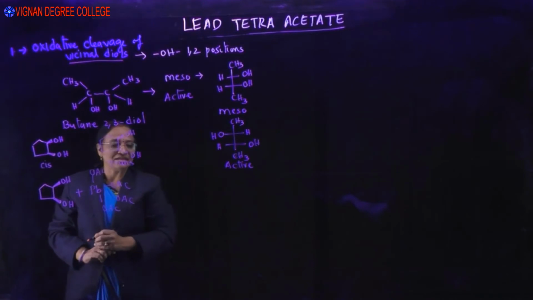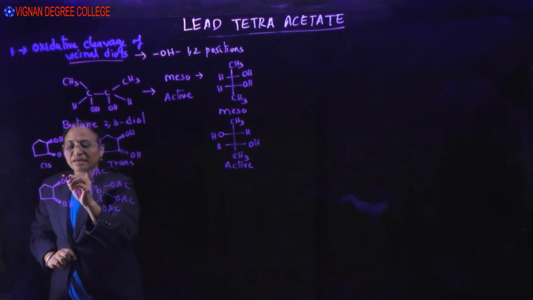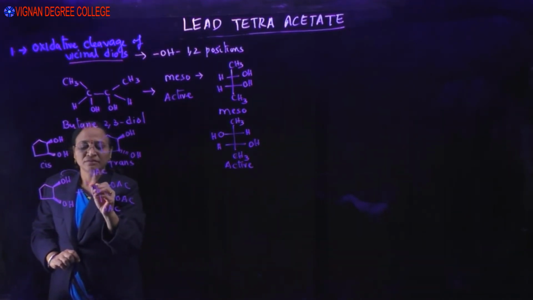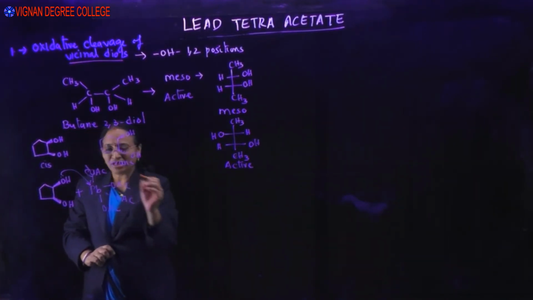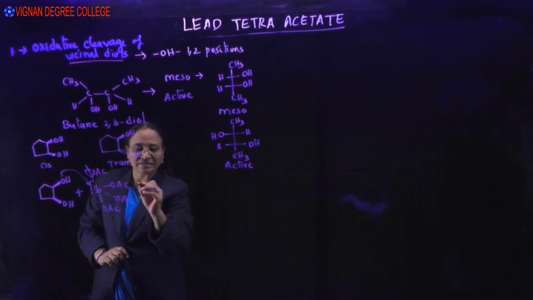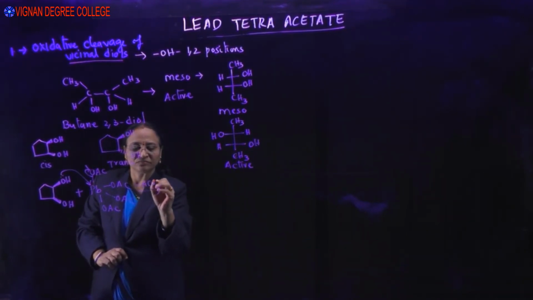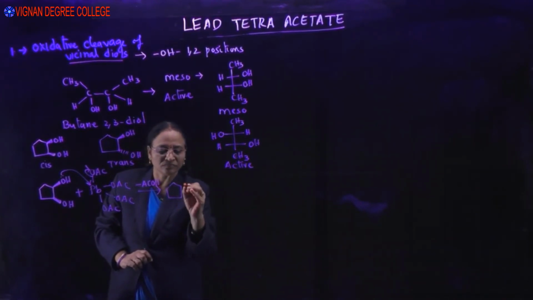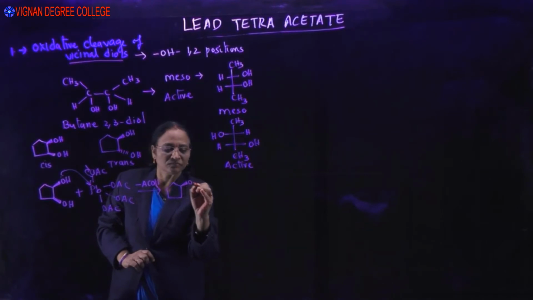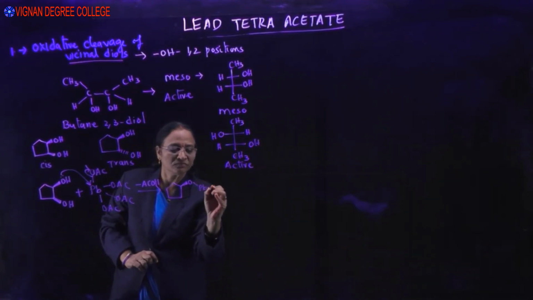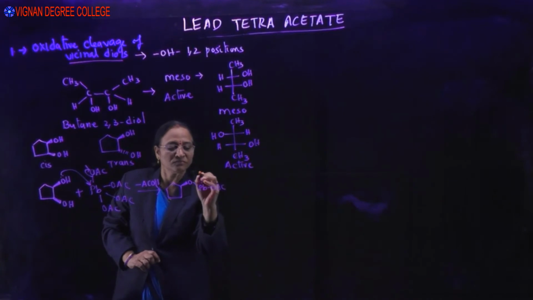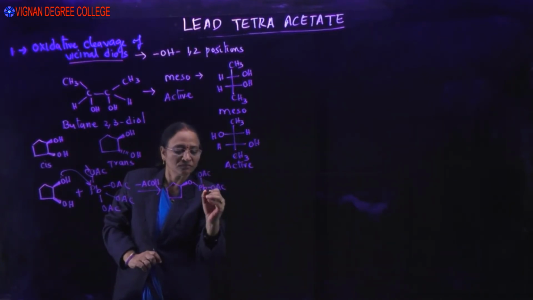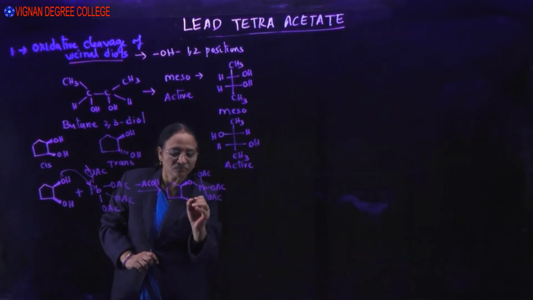Okay, so this is lead tetraacetate. This reacts with your diol like this, with the elimination of acetic acid, and it forms an intermediate.